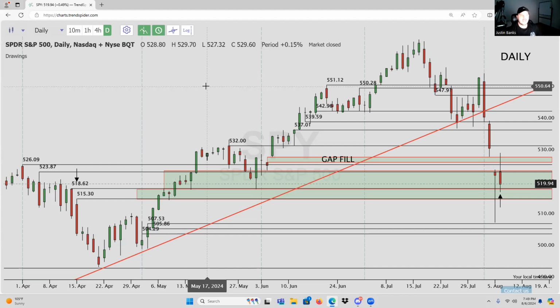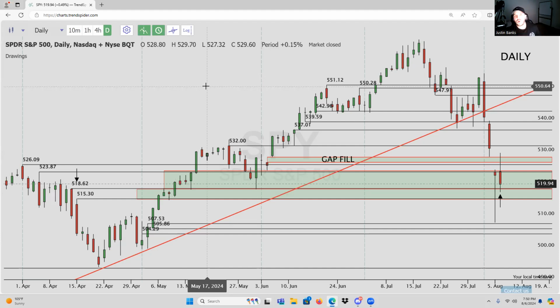A lot of times on the smaller time frames it gets very mumbo jumbo, very in and out, very choppy, very rangy, very confusing. But if you zoom out on the higher time frames, you can see the action that's developing.